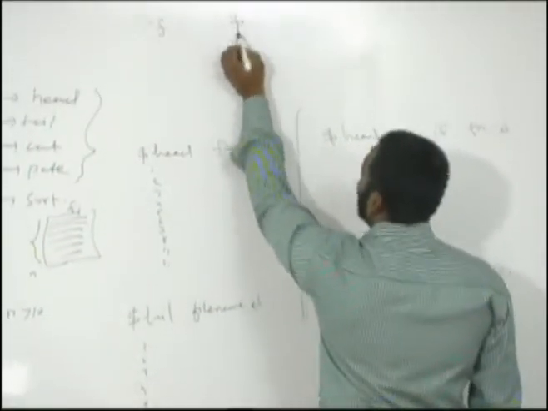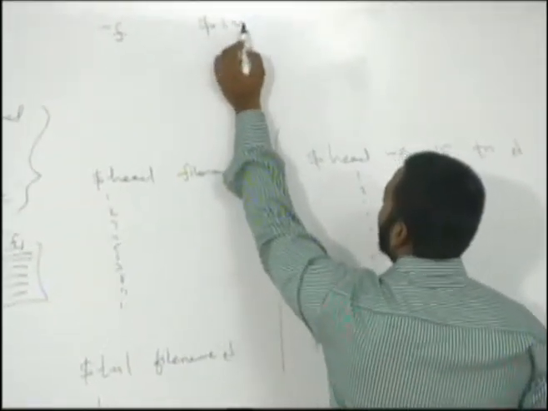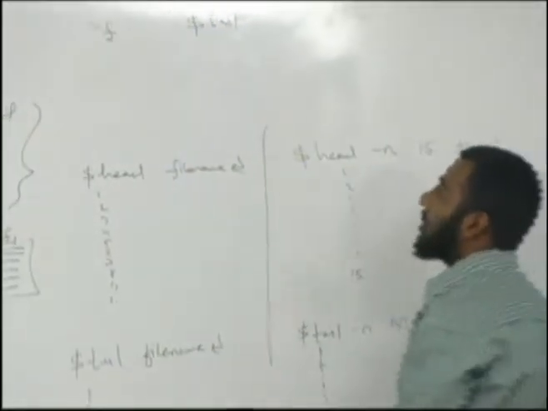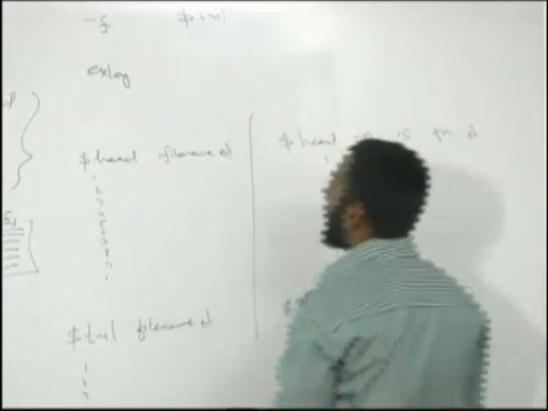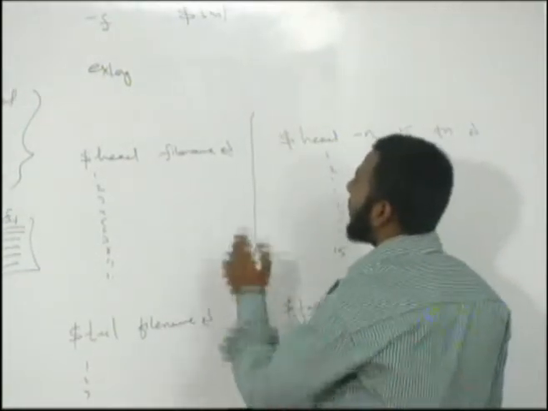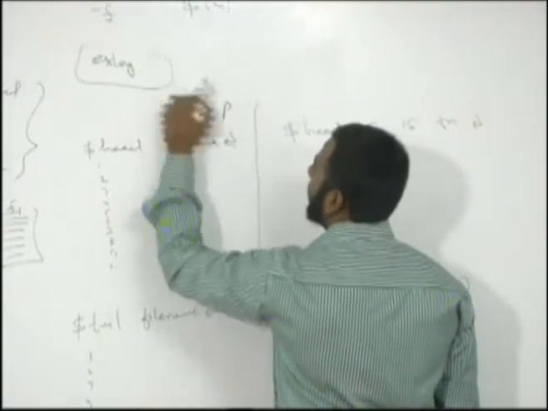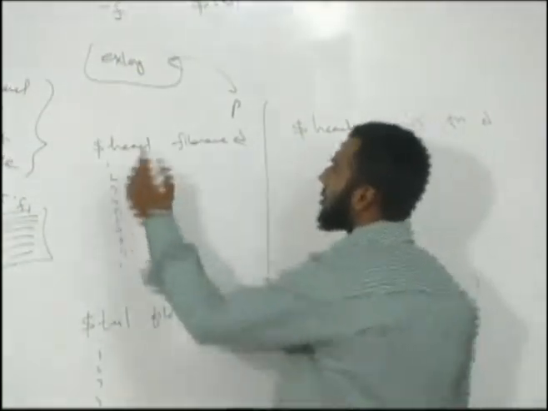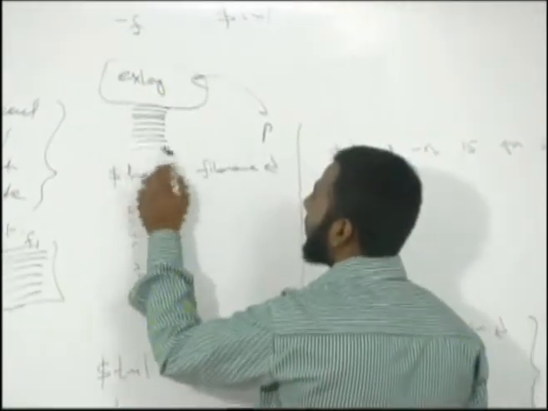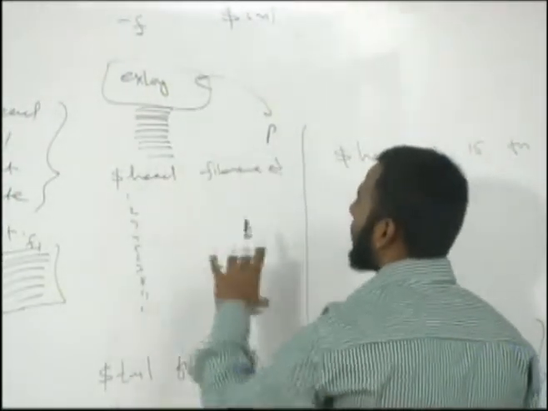It's very simple. Suppose we have one file called exlog, and many processes are writing some information to this log file, and as time rolls on, its size goes on increasing, and I want to monitor this growth.